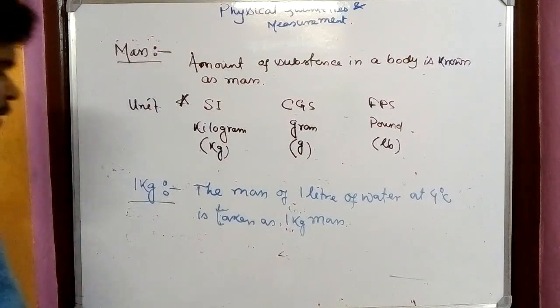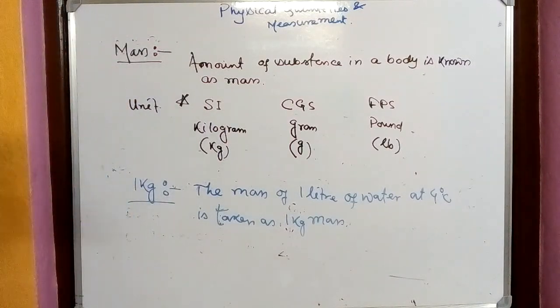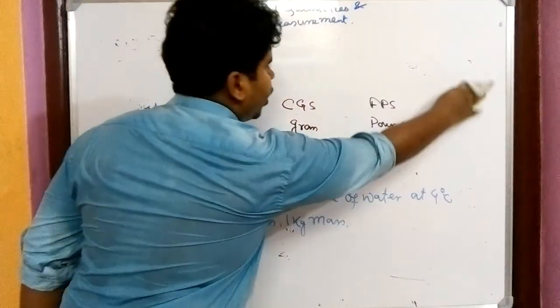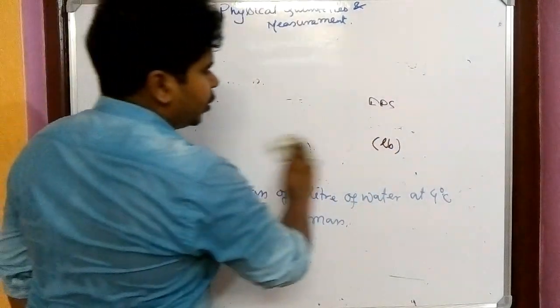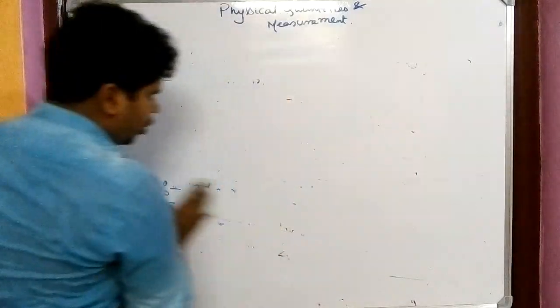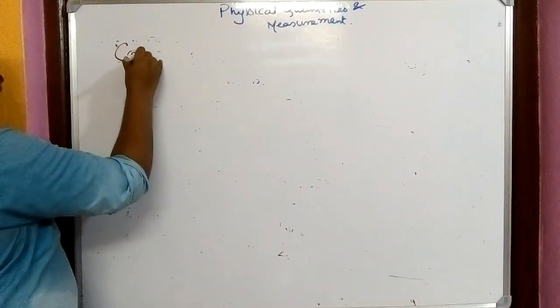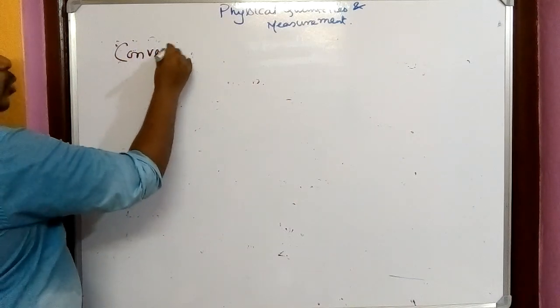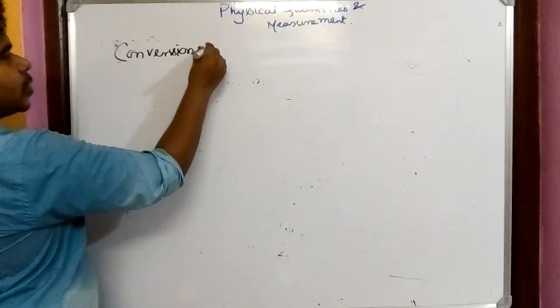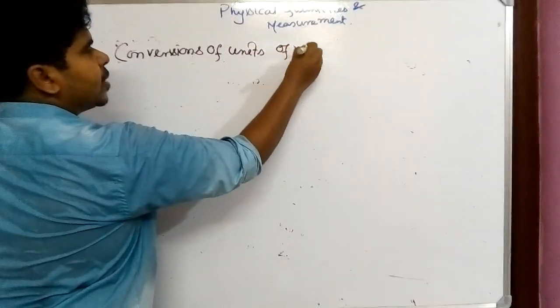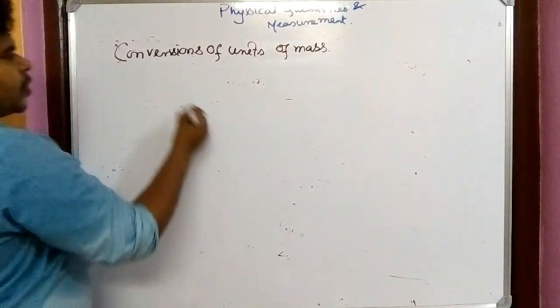The next thing we have to see is conversions of the unit of mass. If you have not written it, pause the video in the previous portion and see conversions of unit of mass. It is very easy.